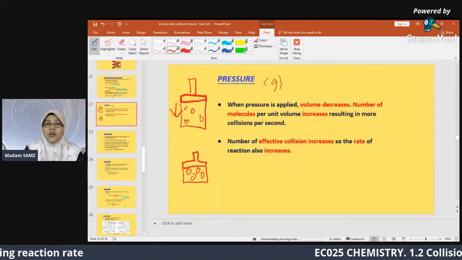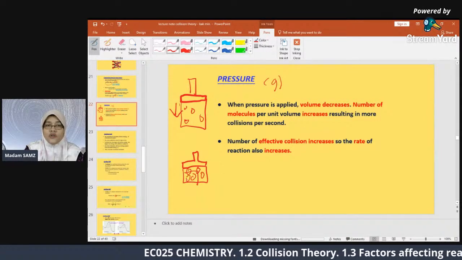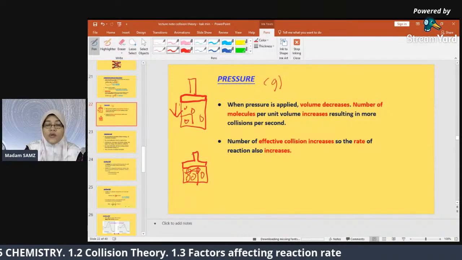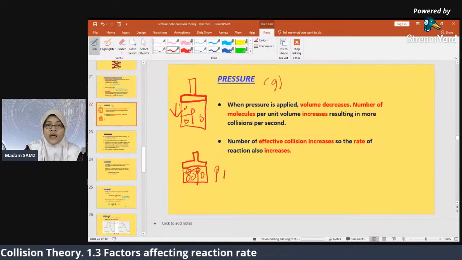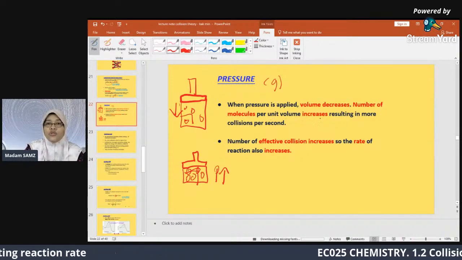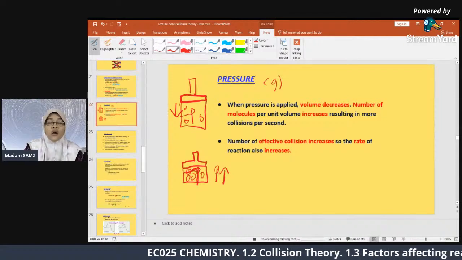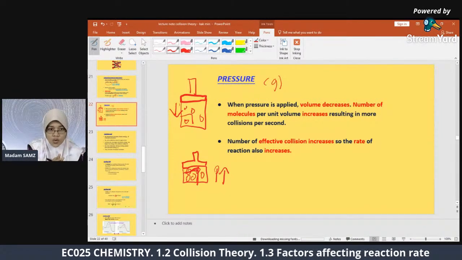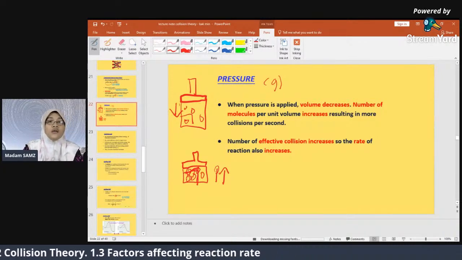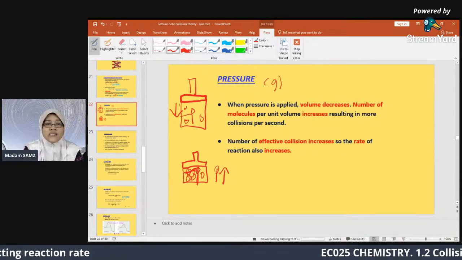So the number of molecules per unit volume is increased. Meaning that higher pressure increases the number of molecules per unit volume, resulting in the molecules being closer together, and the number of collisions becomes more, right? So resulting in more collisions per second.